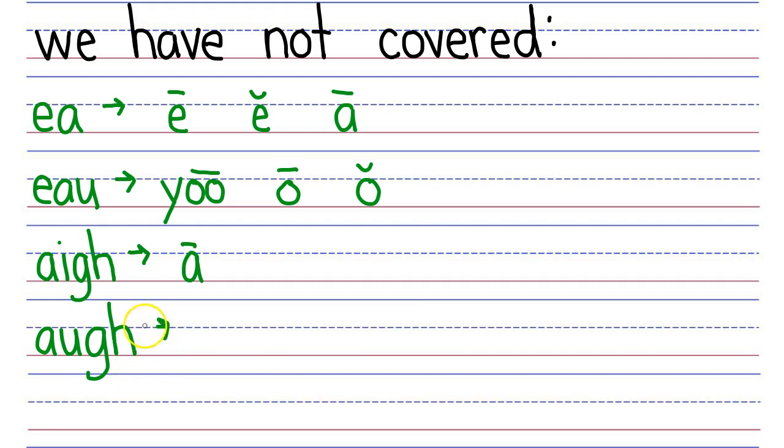That one makes 2 sounds, a short O sound, ah, or af, like in laugh. And so we will cover these in future lessons. And just for now, if you see EA, know that it could be a team that's making one of 3 sounds. If you see EAU, know that it could be a team making any one of these 3 sounds. If you see AIGH, you know that it's making a long A. And if you see AUGH, just know that it's making one of these 2 sounds.